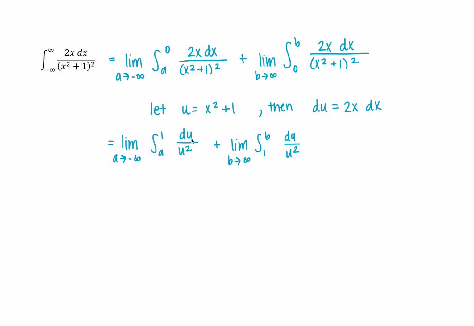So in both cases, when I integrate, I'm going to get negative 1 over u. So I've got the limit as a approaches negative infinity of negative 1 over u. We're going to evaluate that from a to 1. And then over here, doing something very similar.